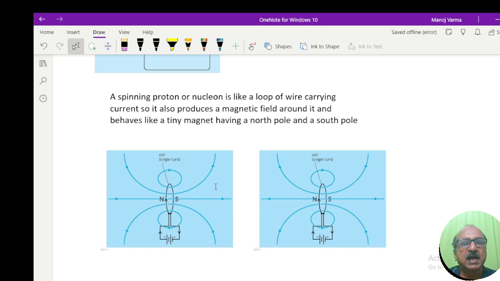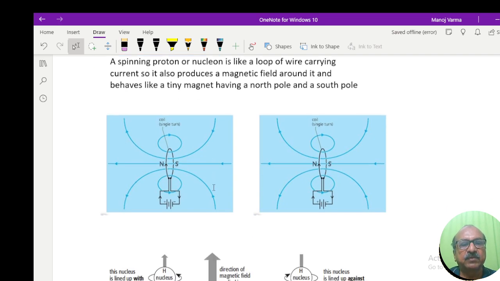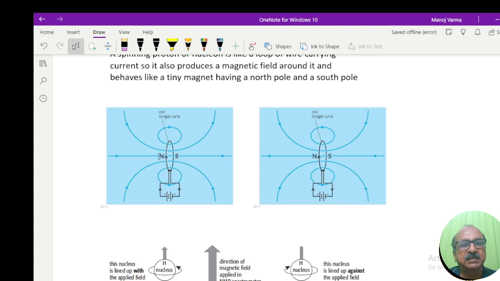This is again a diagram that I have taken from a physics book: a coil of conducting wire, and as electricity flows through it, it creates a magnetic field around it, and this behaves like a bar magnet having a north pole and a south pole. So this is what you have to understand.